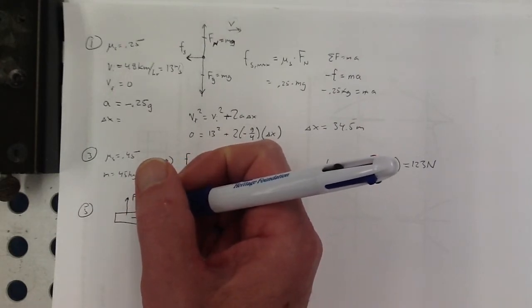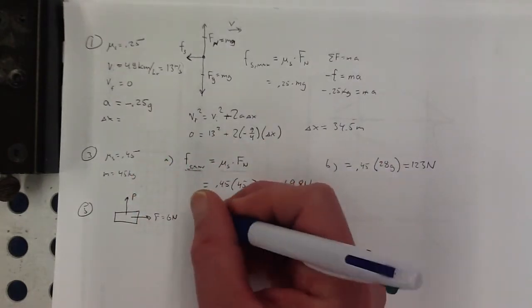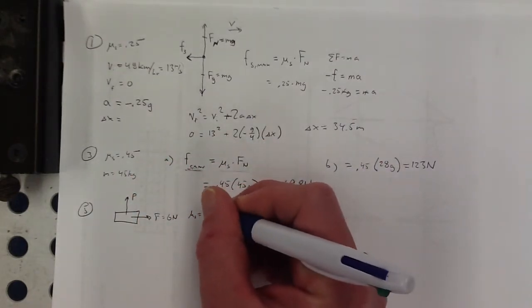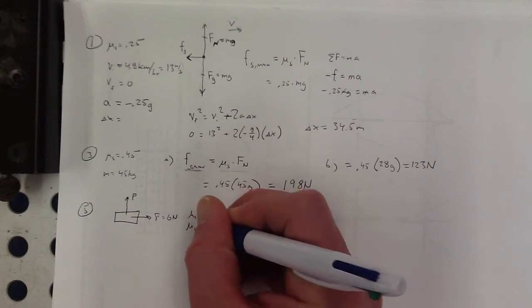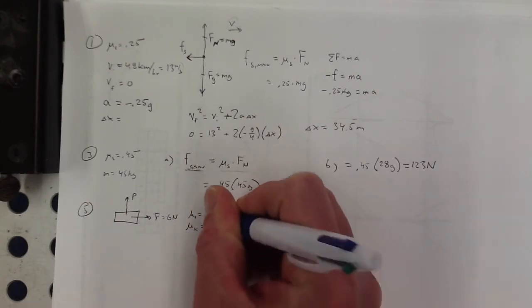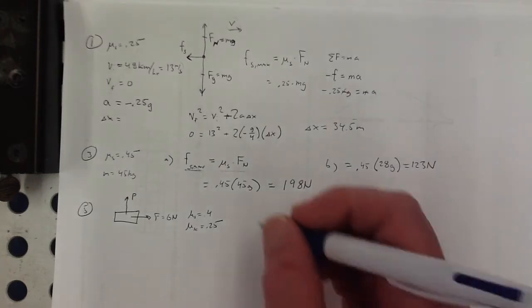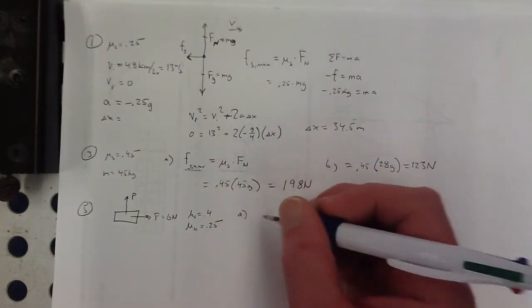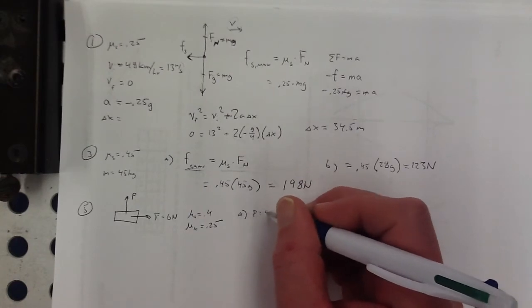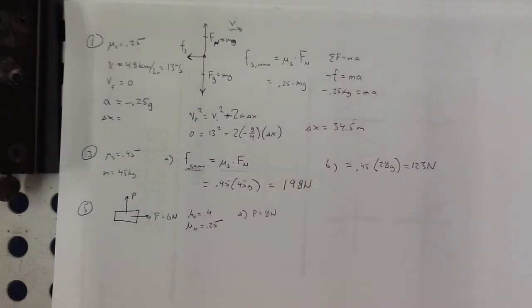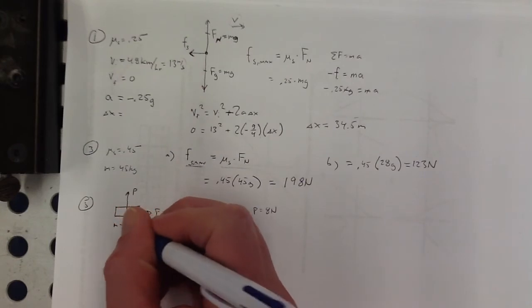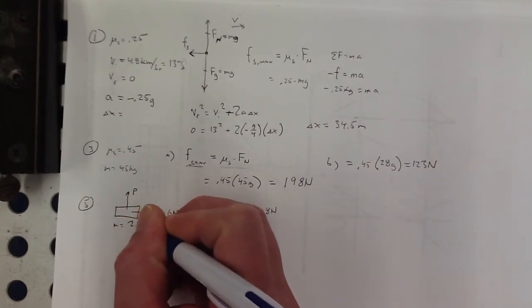Coefficients of friction are 0.4 and 0.25. And we want to determine the magnitude of the frictional force acting on the block if the magnitude of P is 8, 10, and 12. All right, and I think I forgot to write down that the mass is 2.5 kilograms.